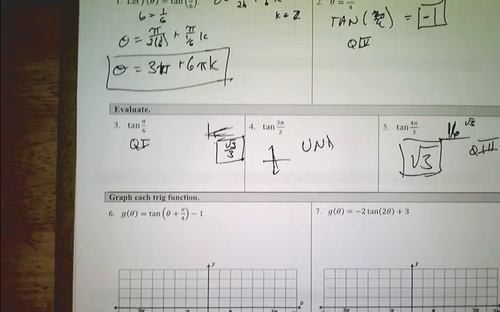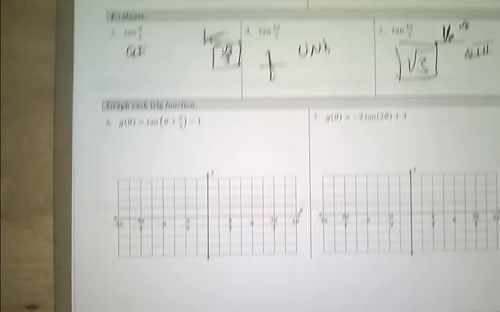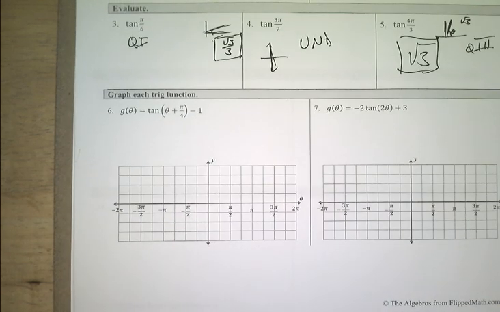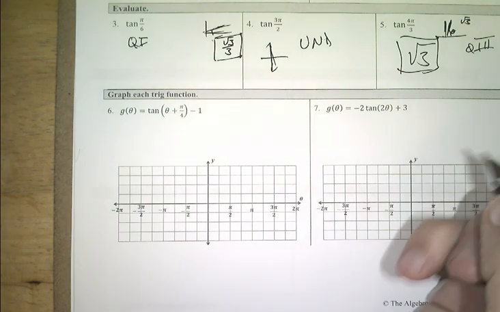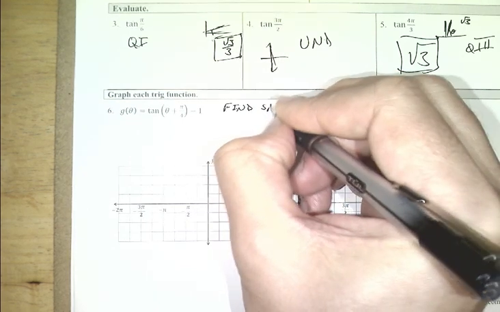Okay, next part, graph each trig function. So we're going to graph tangent of theta plus pi over 4 minus 1. The first thing we want to do is find the asymptotes. So we will use this equation up here from number 1.